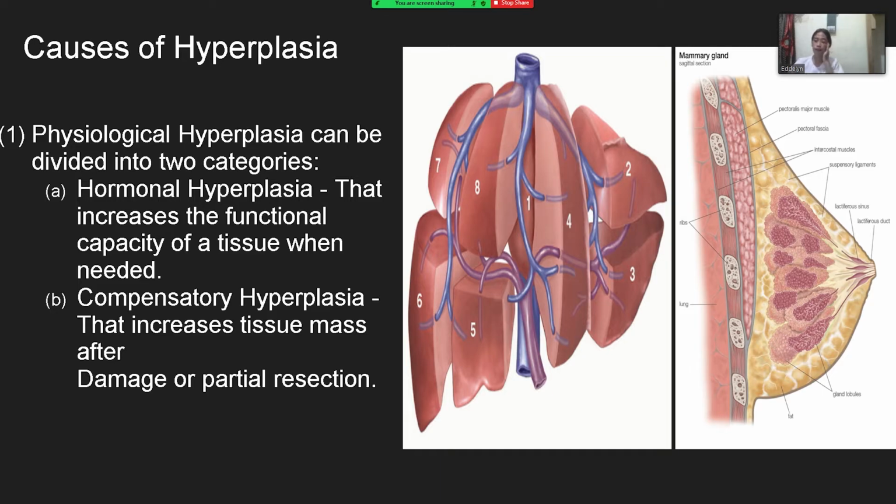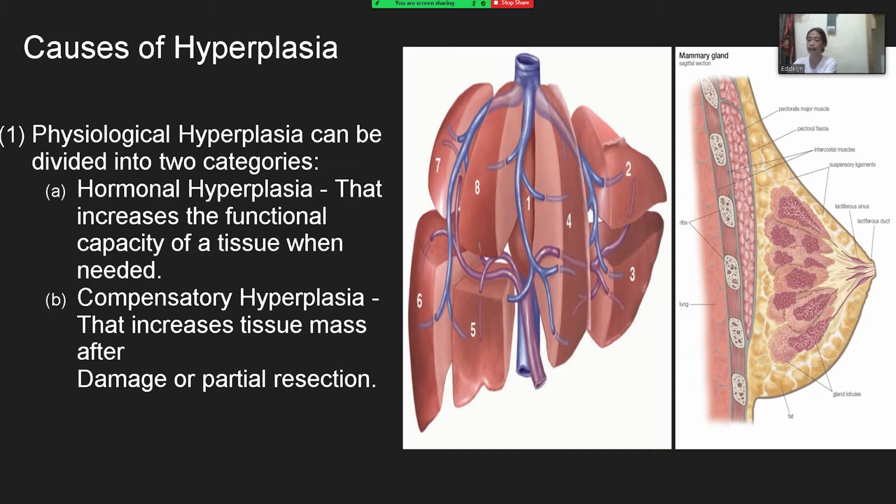Next example of physiologic hyperplasia is the compensatory hyperplasia. Compensatory hyperplasia is the increase in tissue mass after damage or partial resection. Some organs that undergo compensatory hyperplasia and regenerate are our skin, the liver, and the bone marrow.